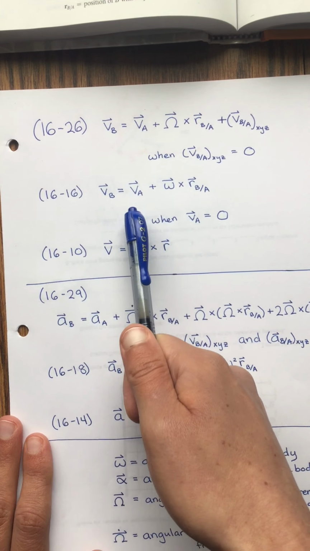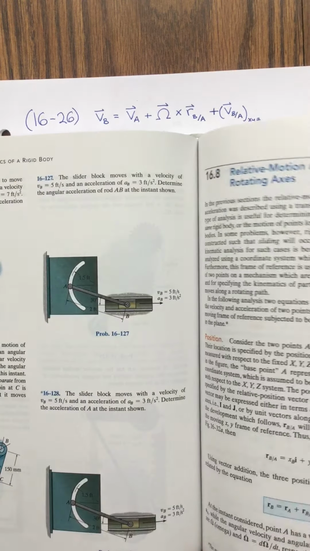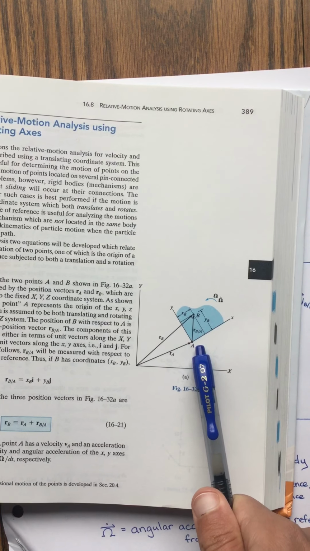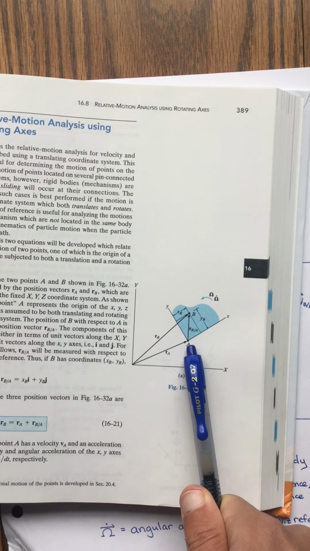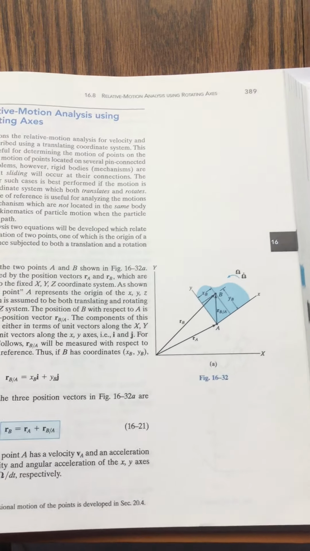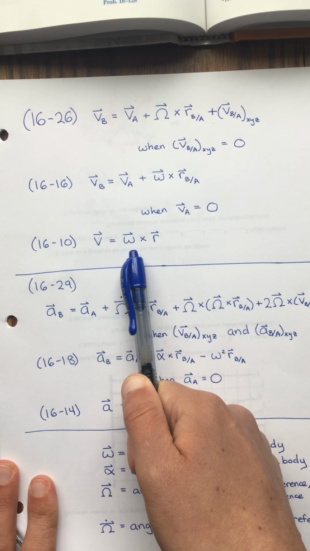So that brings us to equation 1616. Now, if your base point A is not moving, so let's go back to our diagram here. If A is at rest, so if this is a merry-go-round at the playground, the center of the merry-go-round isn't going anywhere, then the velocity of A is equal to 0, and that gets us equation 1610.